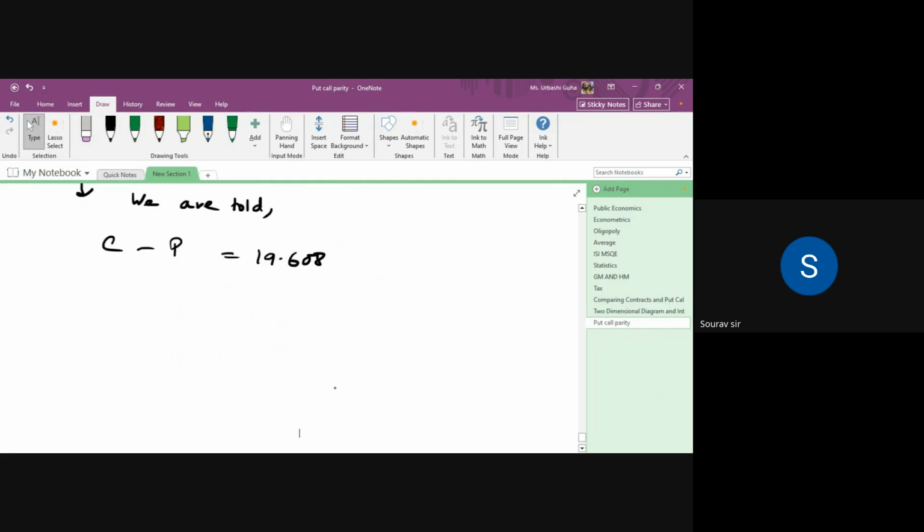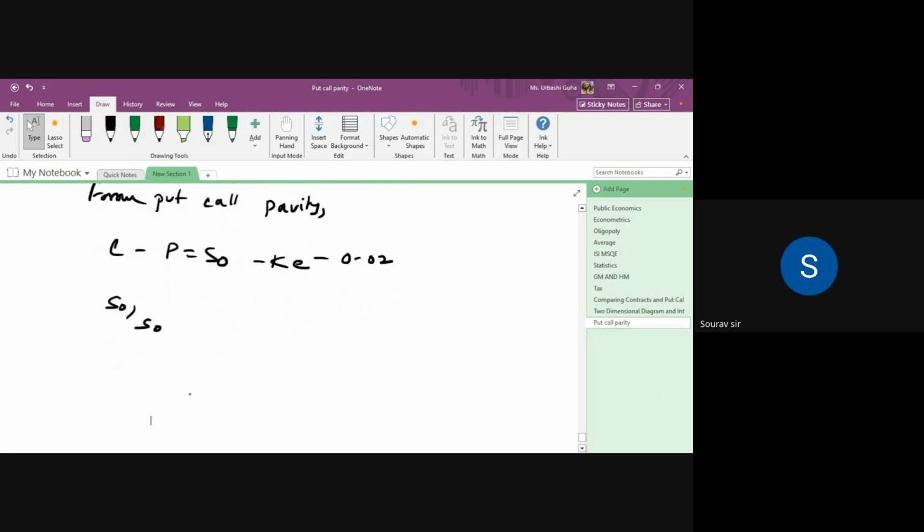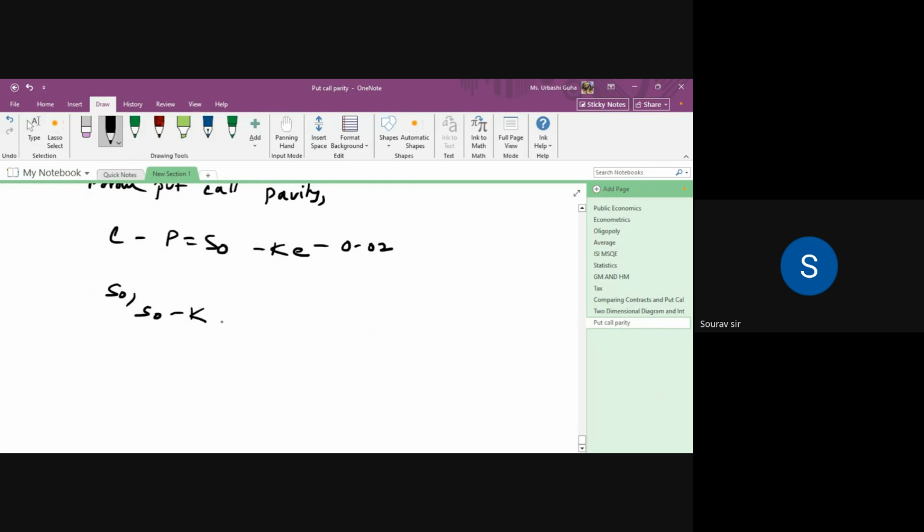So now from put-call parity, C minus P is equal to S naught minus K e to the power minus 0.02. So S naught minus K e to the power minus 0.02 is equal to 19.608. This is one. Now we use the second condition.